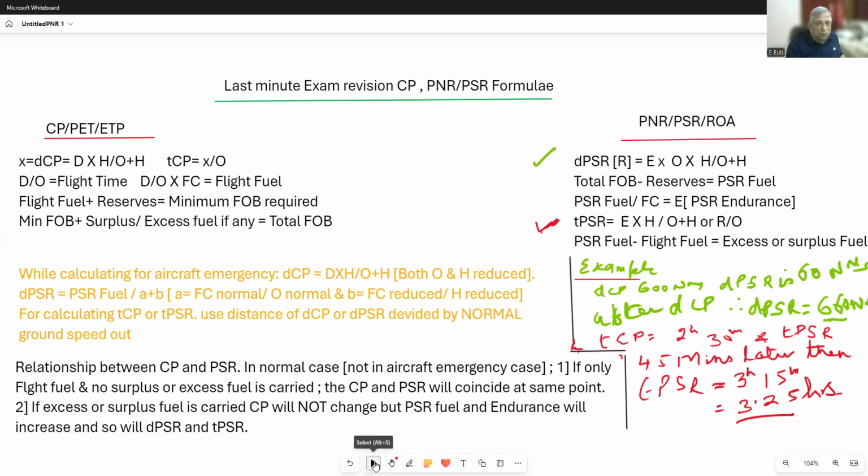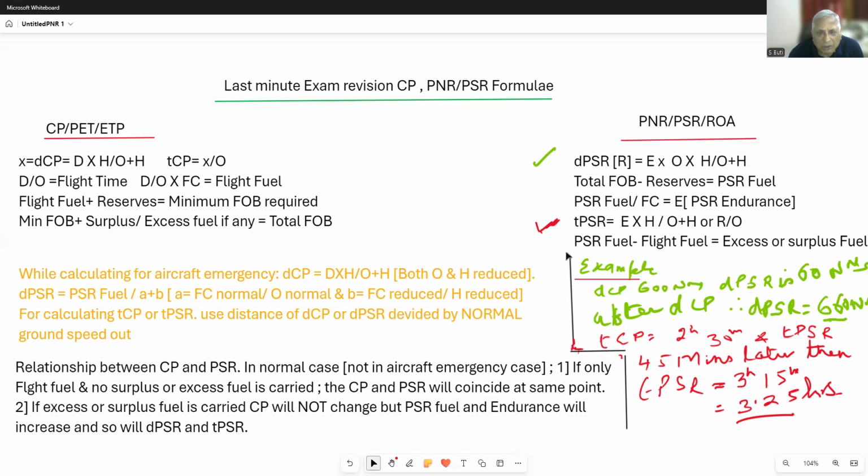So, in case you are carrying excess fuel, dPSR will be after the dCP and TPSR will be after the TCP, time of critical point.